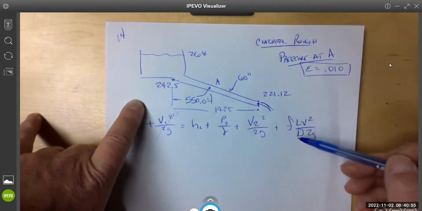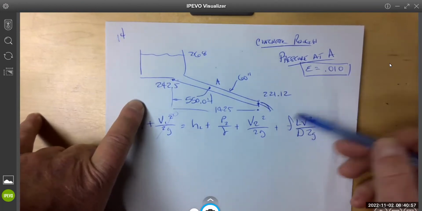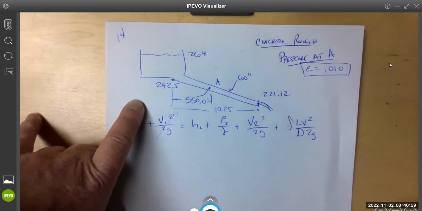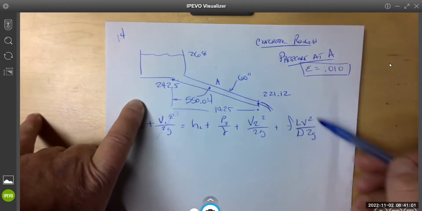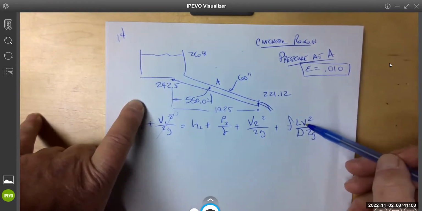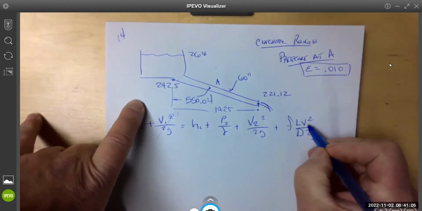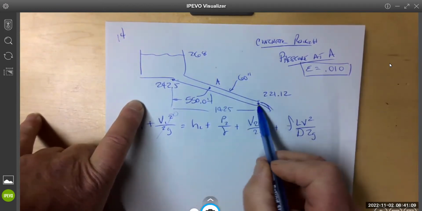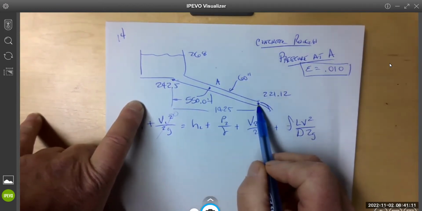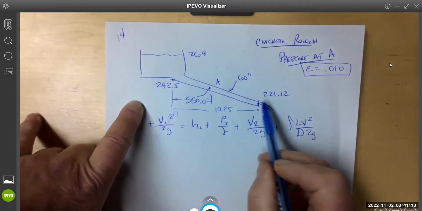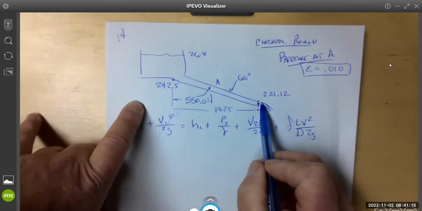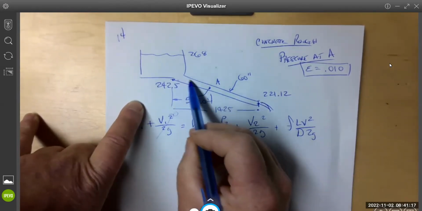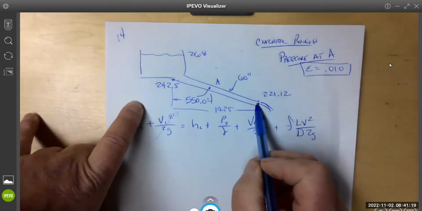And I have to do the friction factor, and I don't know any of this. I can probably find this out if I knew V2, but I don't know the velocity here. So what you have to do first is find the velocity at the exit, because the velocity in the pipe is the same throughout the pipe.